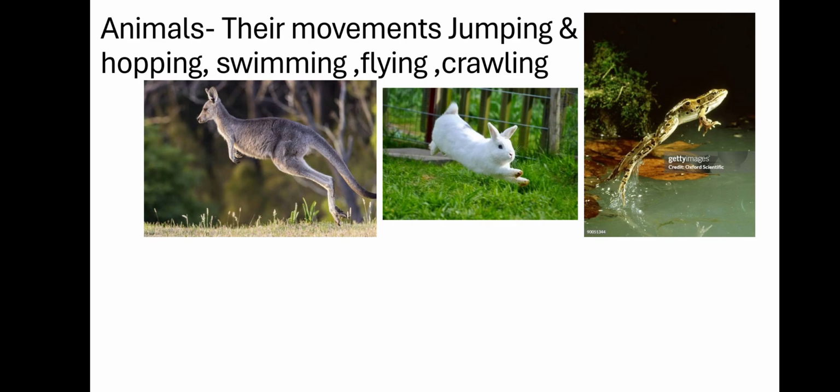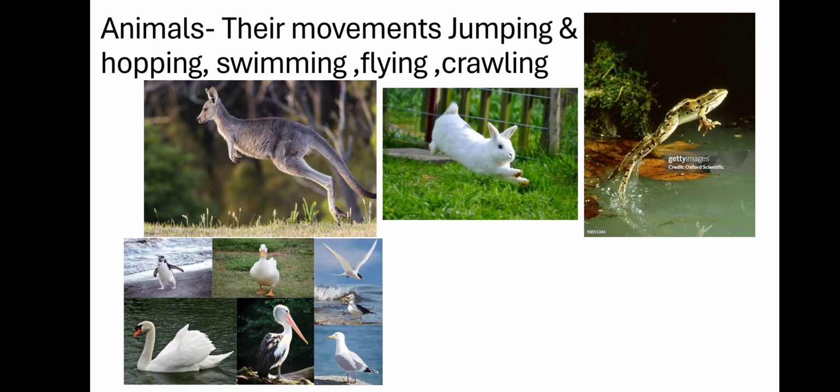Even the frog, it also hops and jumps. When it is in water, it has webbed feet, so it can also swim in water. Now there are some animals which are swimming. The birds shown here: penguin, then the duck or swan, then the crane.